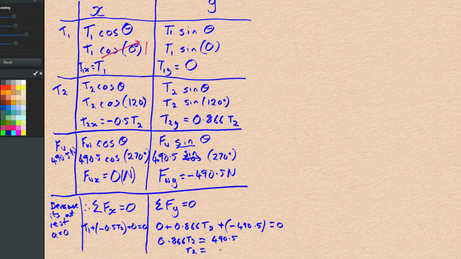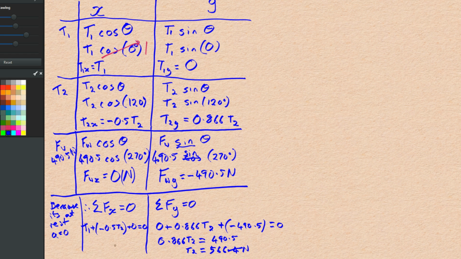490.5 divided by 0.866, which will equal 566.4 newtons, and it's not quite that accurate because I've only used 3 decimal places, or 3 significant figures over here, so this should really be rounded to 3 significant figures, which would be 566 newtons.